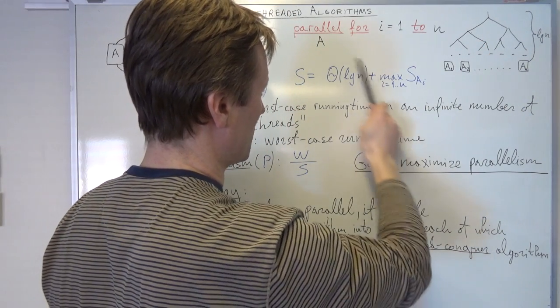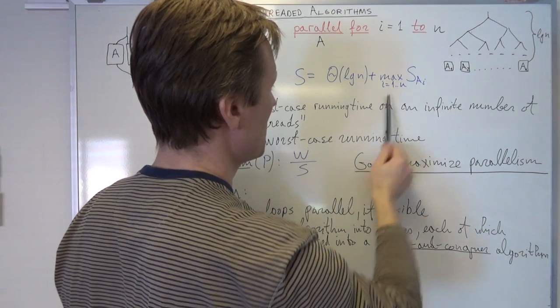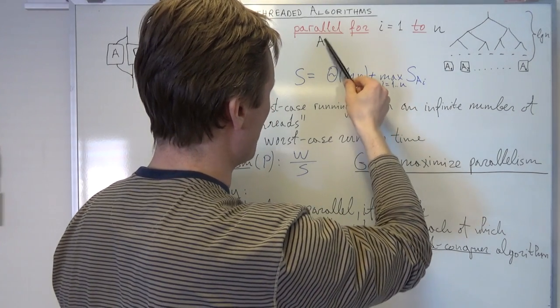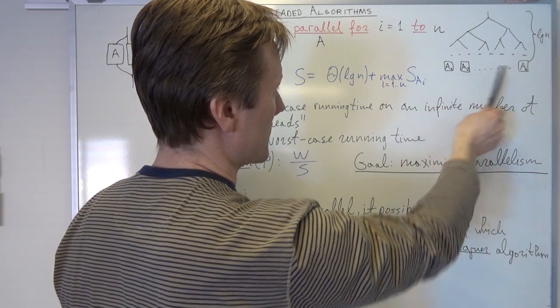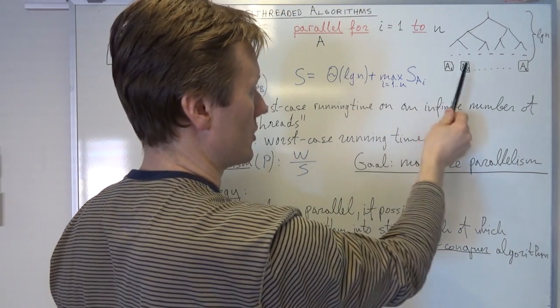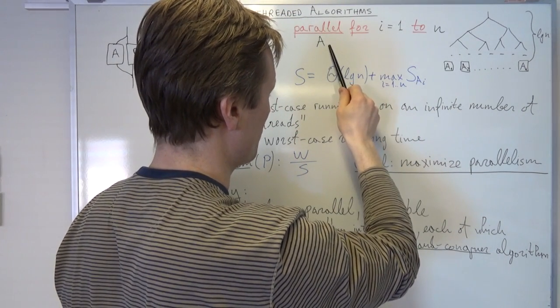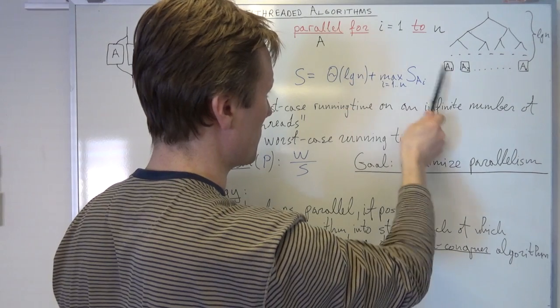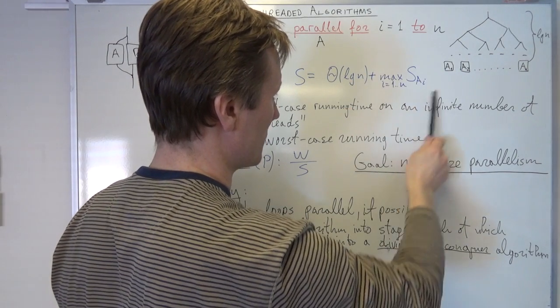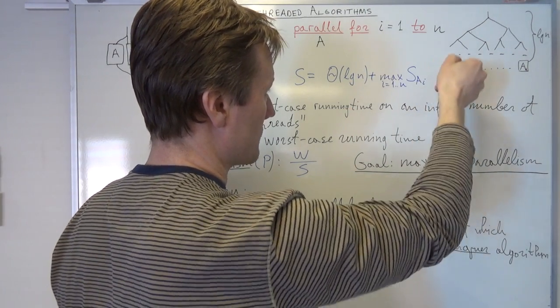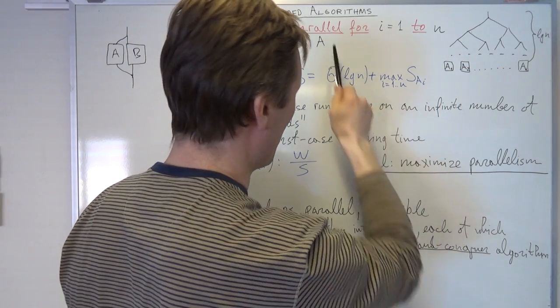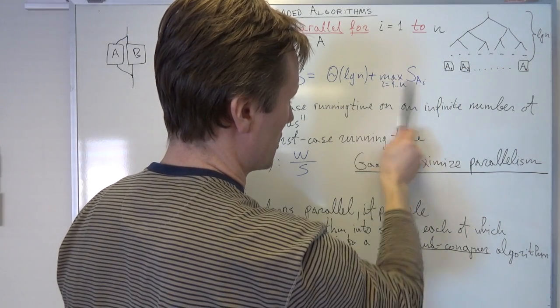So that's this log n. And then at the very bottom is the base case of all of this execution. It executes these iterations, the body of the loop. So then we have to add the maximum running time of any of these n iterations.